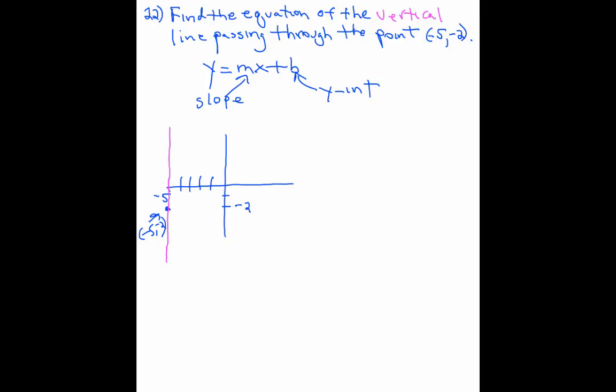Now if we try to write the equation in the slope-intercept form, we're going to encounter a problem. Why is that? Well, the reason is because we have a vertical line here, and a vertical line actually has no slope. The slope of a vertical line is undefined.